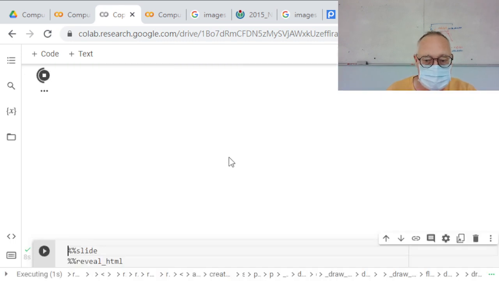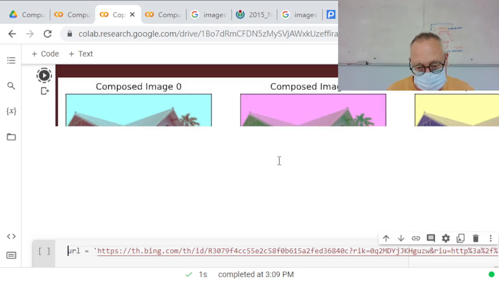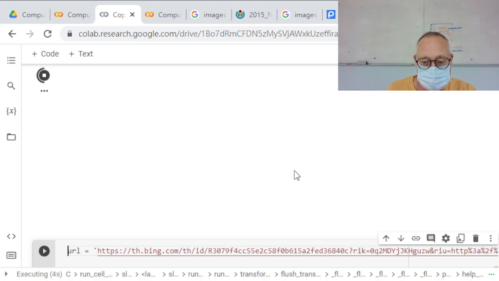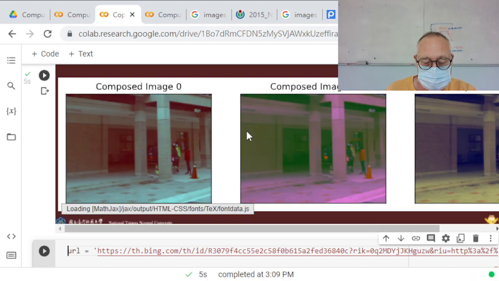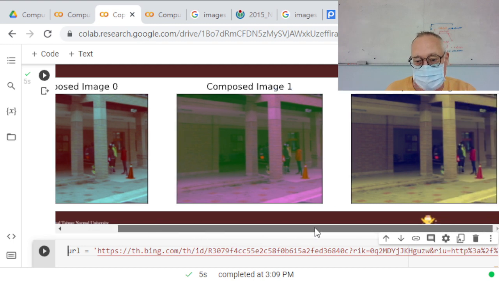Now let's look at the compression artifacts.